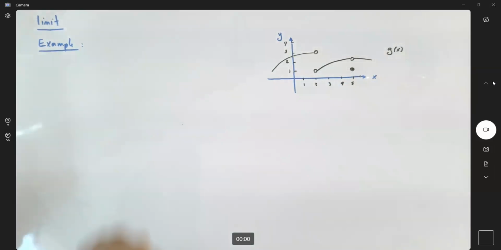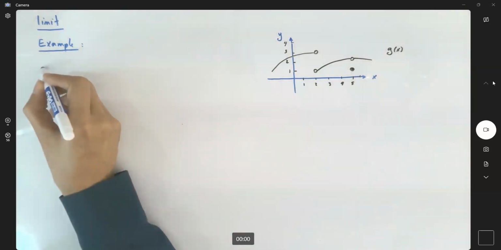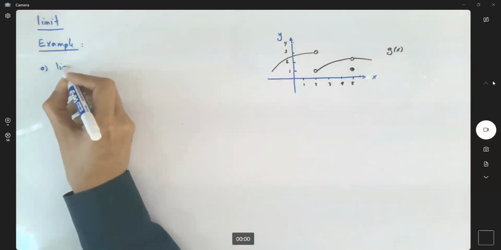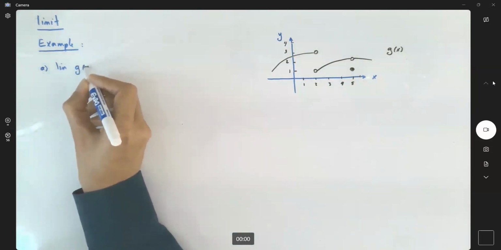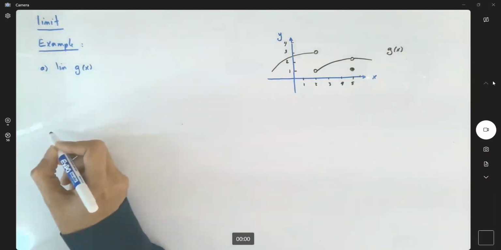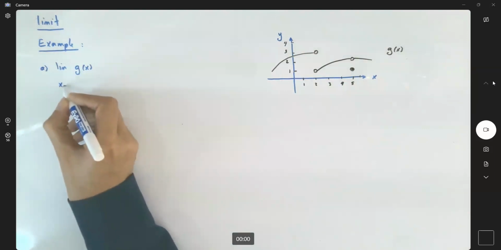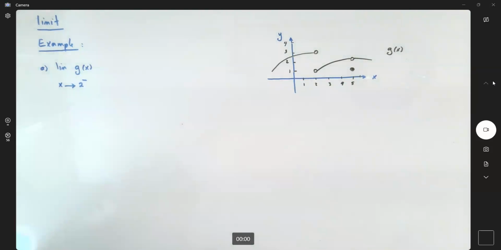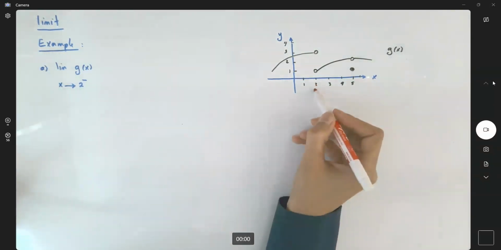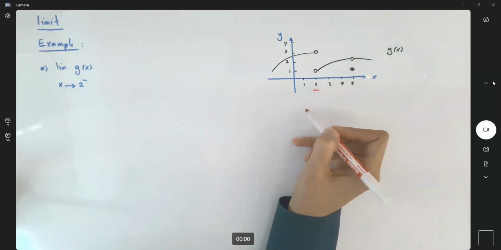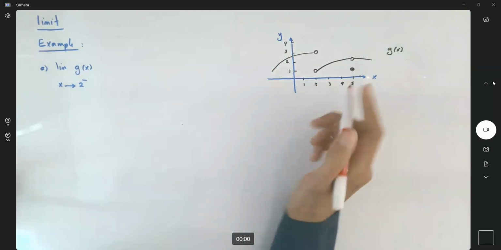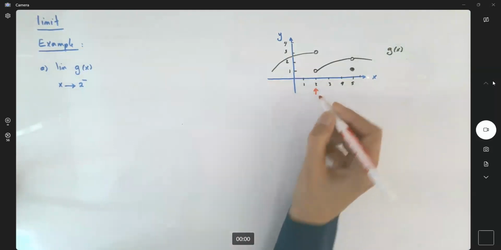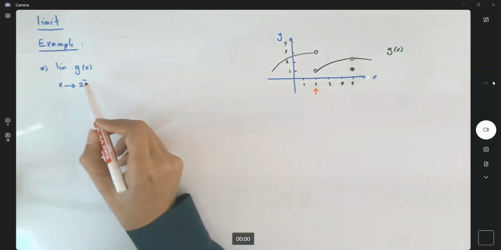So the question says, first of all, what is the limit of function g as x approaches 2 from the left? Let's take a look at the graph. Here we have 2. x is equal to 2. We're going to get closer and closer to 2 from the left-hand side.